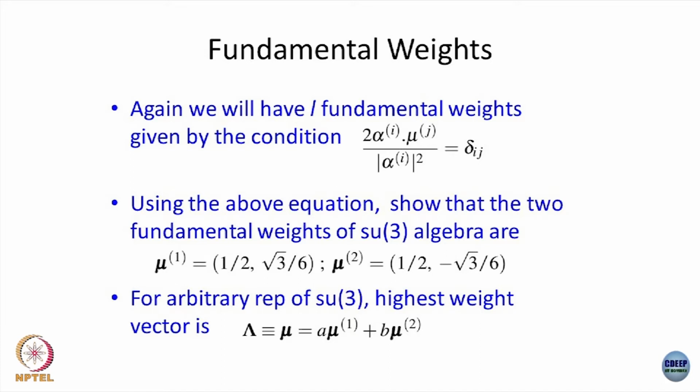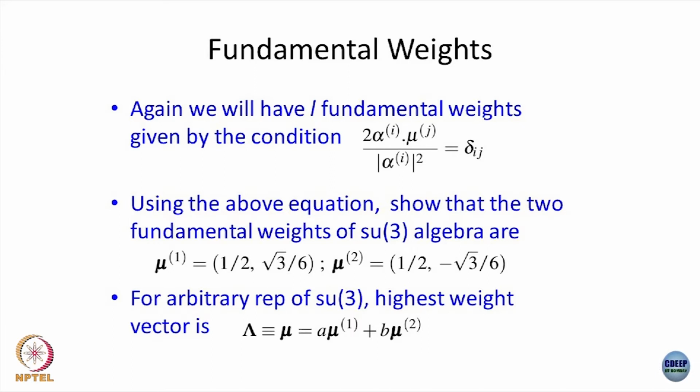Using this and knowing the alphas, you can actually fix what the fundamental weights are. If there are L simple roots, there should be L fundamental weights, and that is given by this expression which involves the dot product between the simple roots and the fundamental weights.